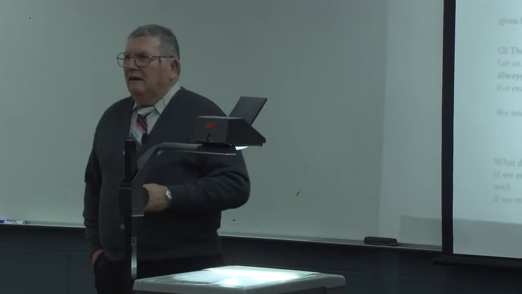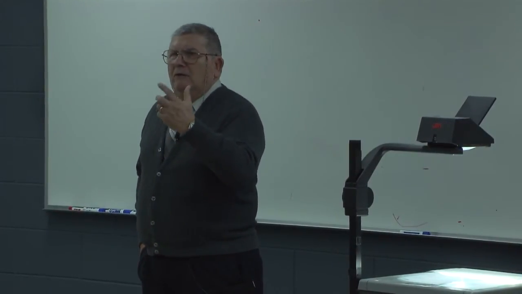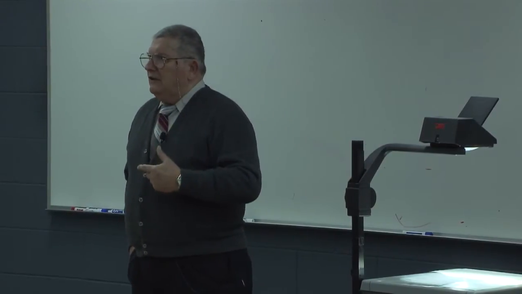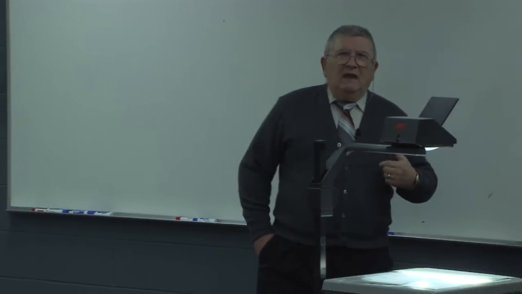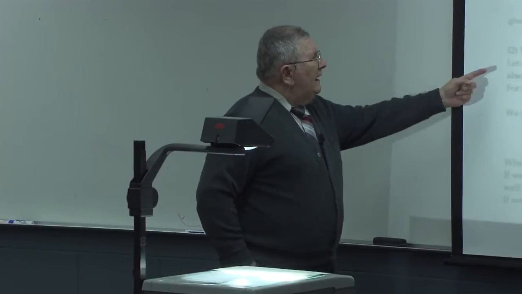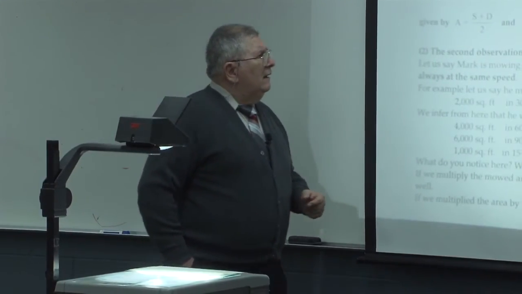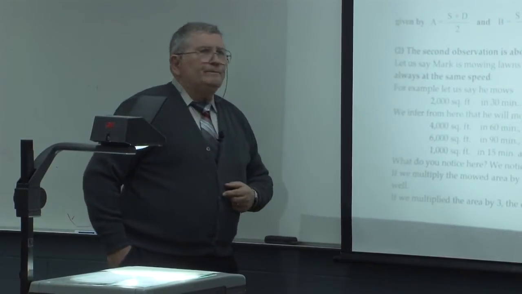I'd like to speak very fast and say a few words about directly proportional and inversely proportional quantities, and the unit rates. Directly proportional quantities. Let's say Mark is mowing lawns, and we suppose that he always mows at the same speed.